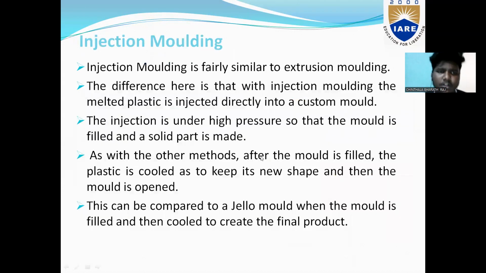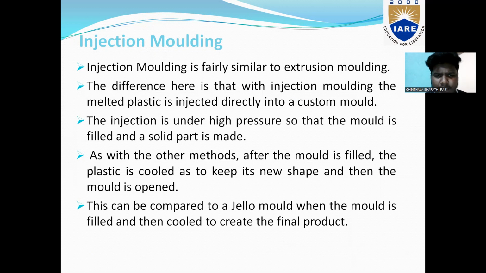Now we will discuss injection molding. Injection molding is fairly similar to extrusion molding. The difference here is that with injection molding, the melted plastic is injected directly into a custom mold. The injection is under high pressure so that the mold is filled and a solid part is made.